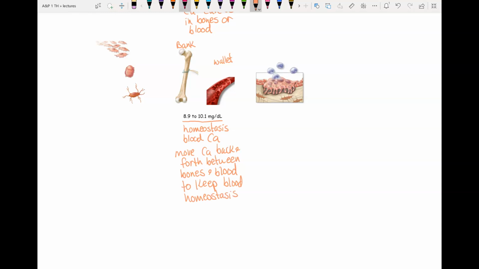So we know that the osteoblasts will build bone, and they are what move the calcium from blood to bone. So from your wallet into your savings account.